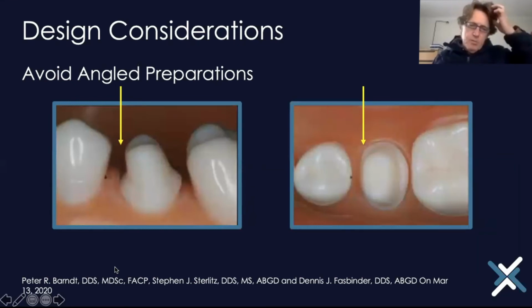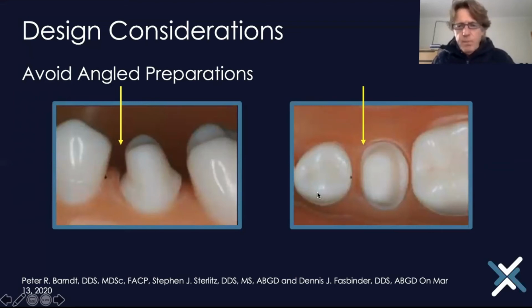Another thing that's most important is to understand that you've got to avoid angled preparations. This is the root of placement issues. So if you're now going to try and get your contact okay over here, you might find that this contact is not going to work. And by the time you have the crown so that you can position it, you will have problems with contact points.